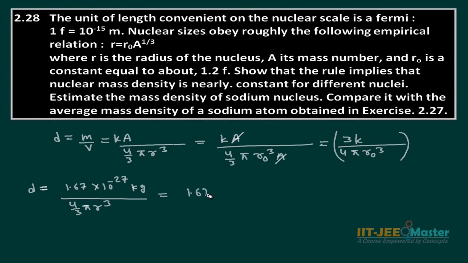So you will find the nuclear mass density, 4 by 3 pi r cube, that is R0 cube, because A is 1, so it will be 1.2 into 10 to the power minus 15 cube. It comes out to be 0.3 into 10 to the power 18 kilogram per meter cube.